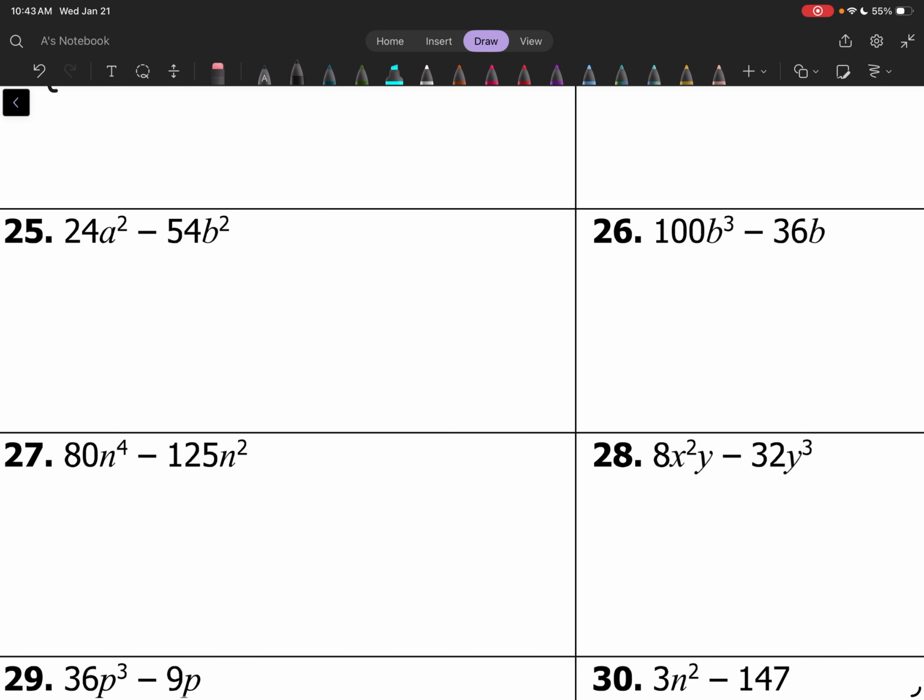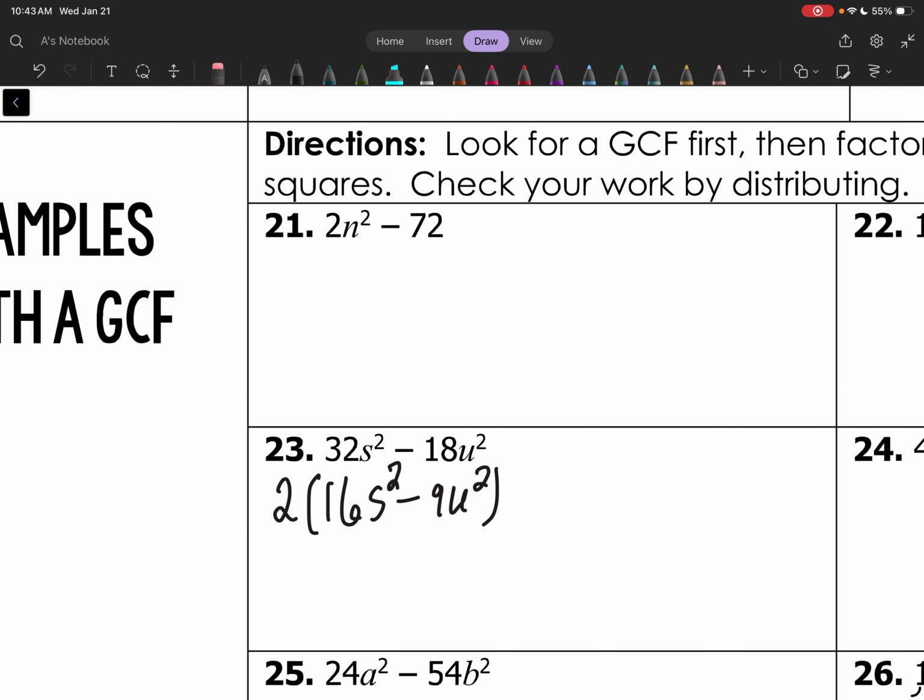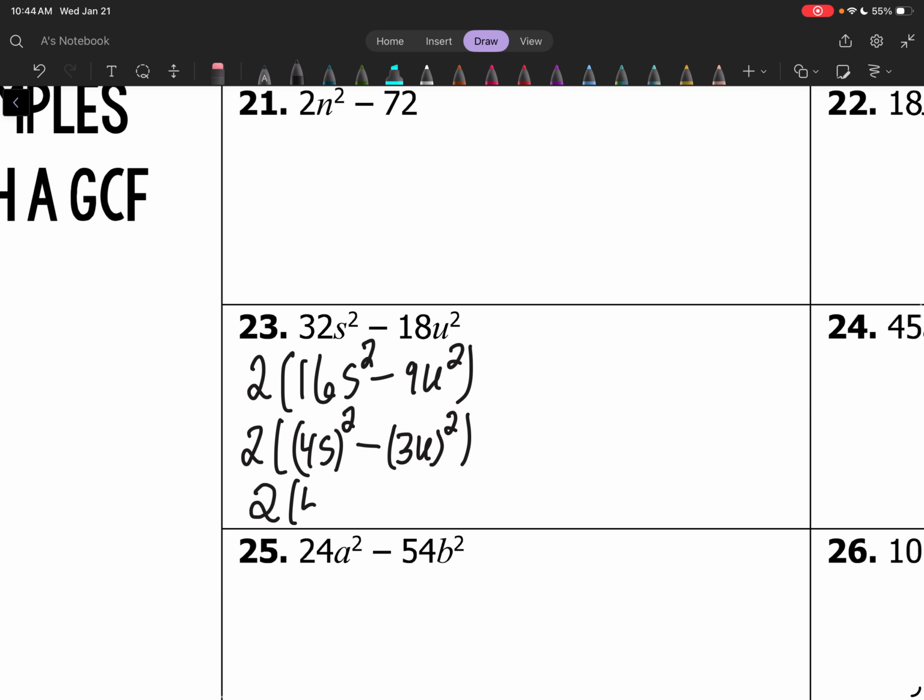Now I'm going to take the square root of both. So this will be 2 times, square root of 16 is 4s, minus square root of 9 is 3u. Now I'm using the formula, just leaving the 2 out front. 4s minus 3u, 4s plus 3u. Finished.